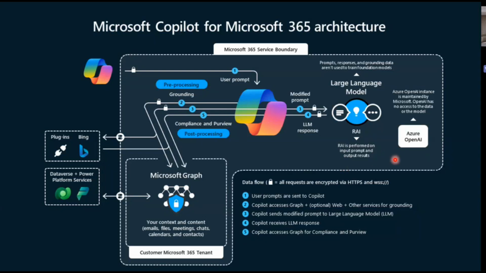So Raya is something which runs to identify your input prompts and gives the output results. It's a technology. When it goes here, it reads your prompts, responses and your grounding data, which is coming from here, and after that, whatever question you have asked, it takes the data from here and sends it back to Copilot, to make it available to the user.